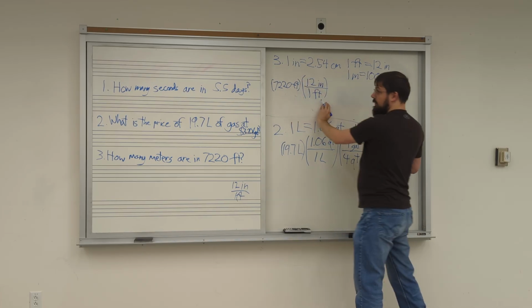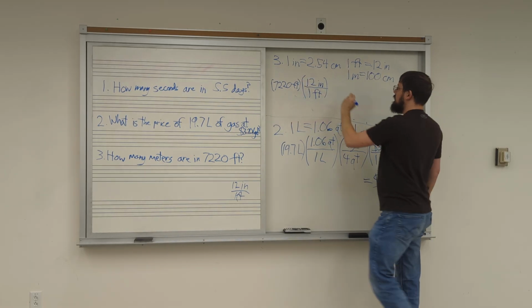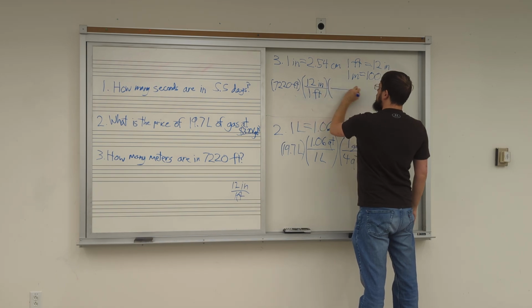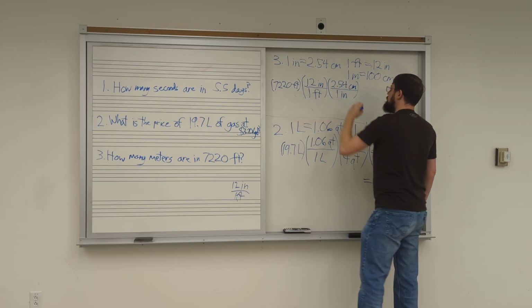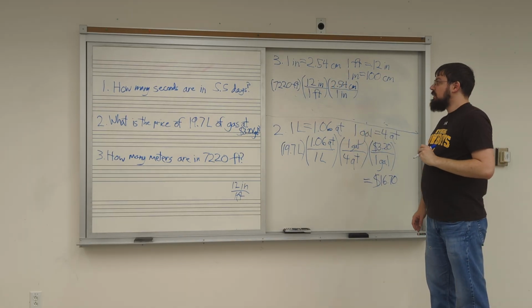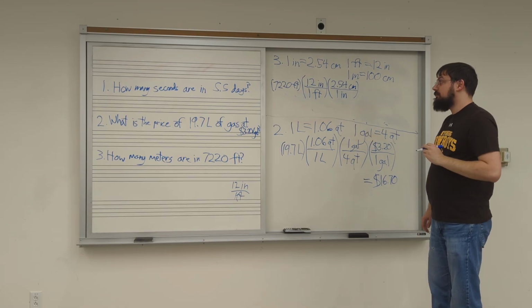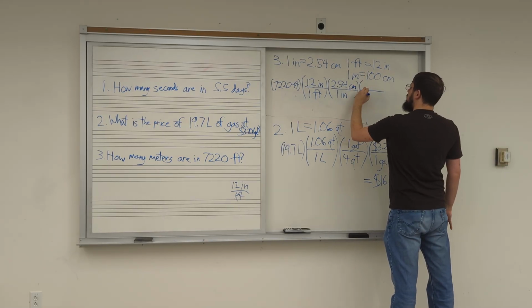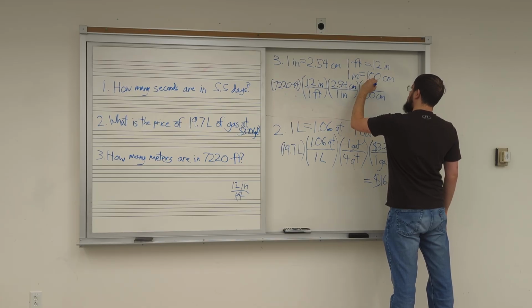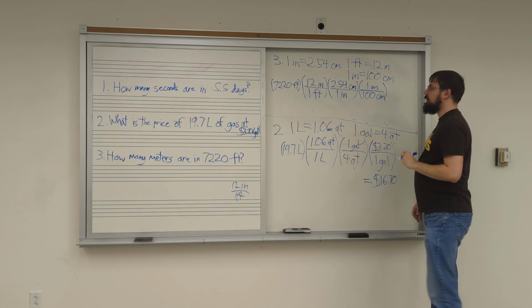Feet on top here, feet on bottom here. We also know that 1 inch is 2.54 centimeters. And then finally, our last step is to go from centimeters to meters. So in this case, we have 100 centimeters on bottom and 1 meter on top.